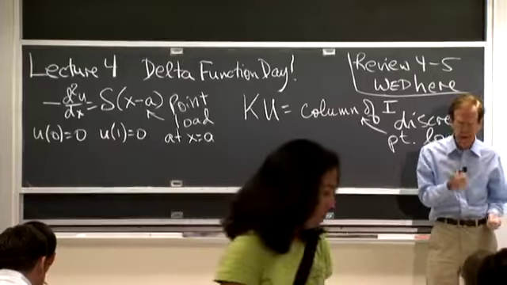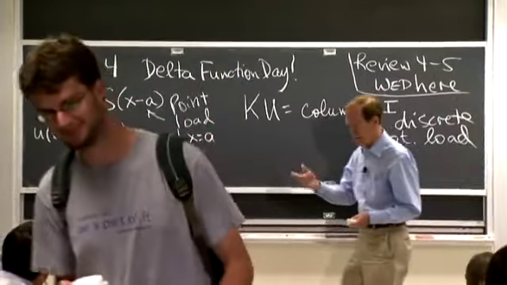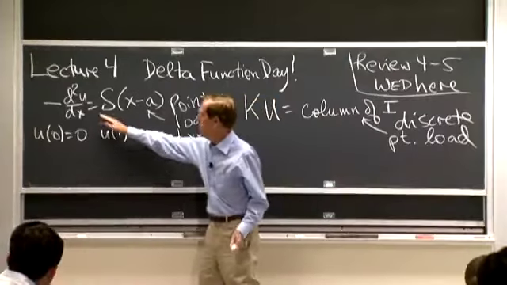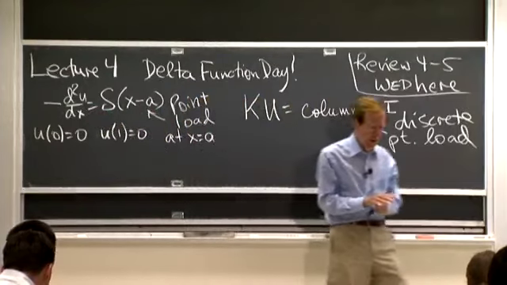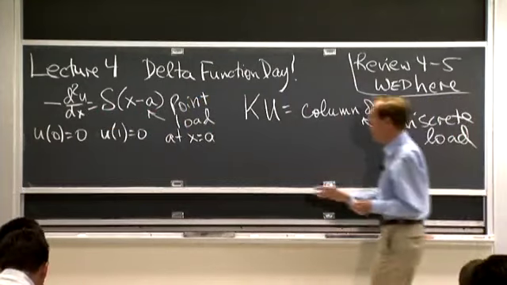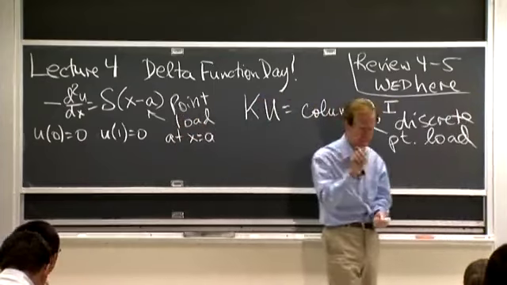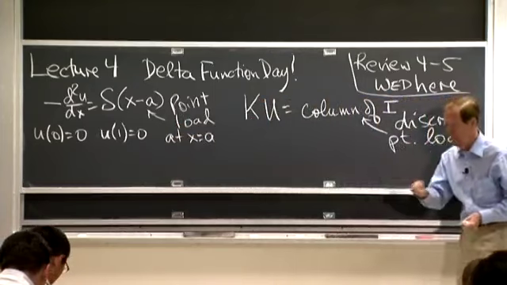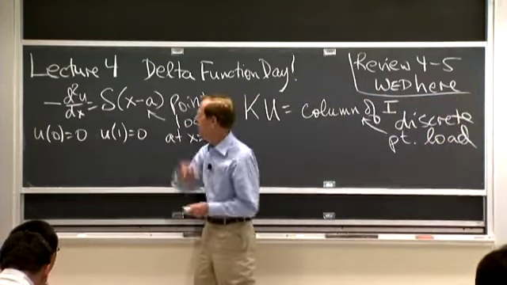The right-hand sides up to now, the one we looked at was a uniform constant load, second derivative equal 1. Now a point load. Well, in a way, we're now solving a whole bunch of problems because the point load can be in different places. So instead of solving one problem with 1 on the right-hand side, we're solving with a delta function.